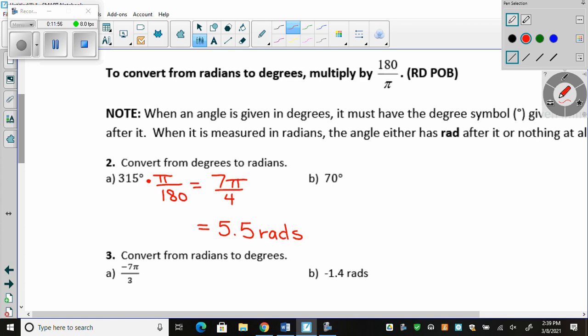All right. 70 degrees to radians, pi on top. So pi over 180. So turn that into an exact value and a decimal for me, please. Is it 1.22?